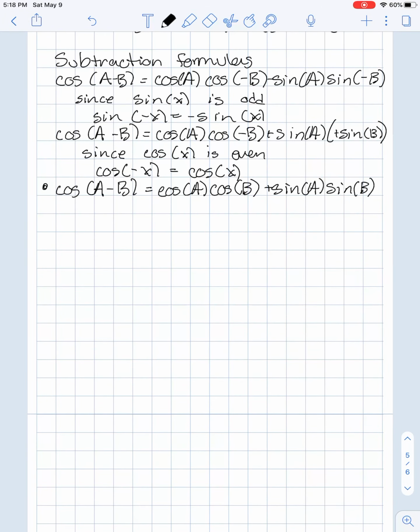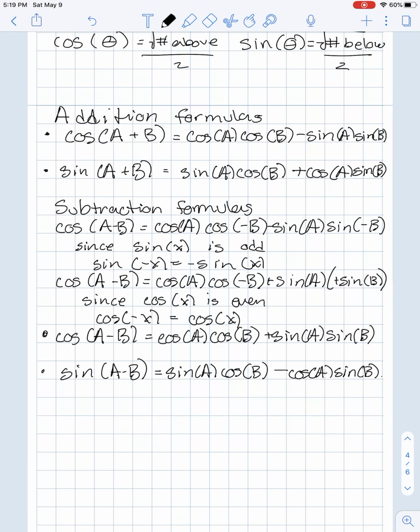So that's our next one. And we can do the same thing to get sine of A minus B equal to sine of A cosine of B minus now cosine of A sine of B.